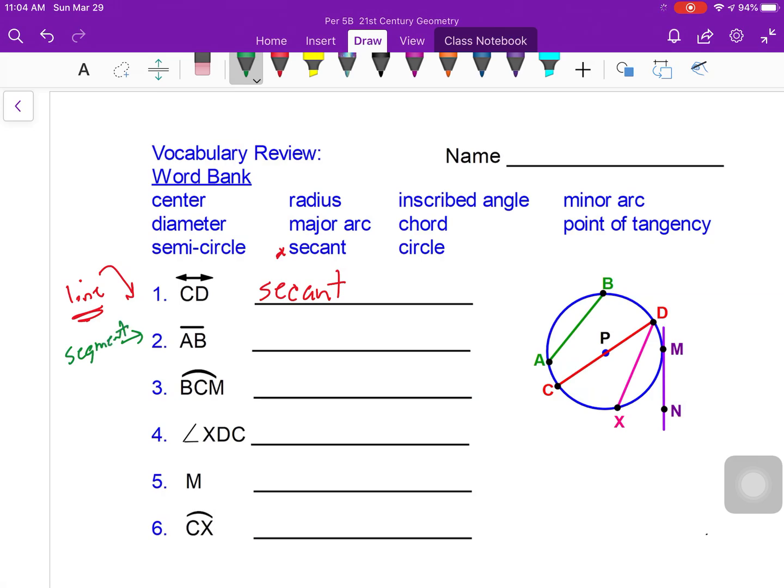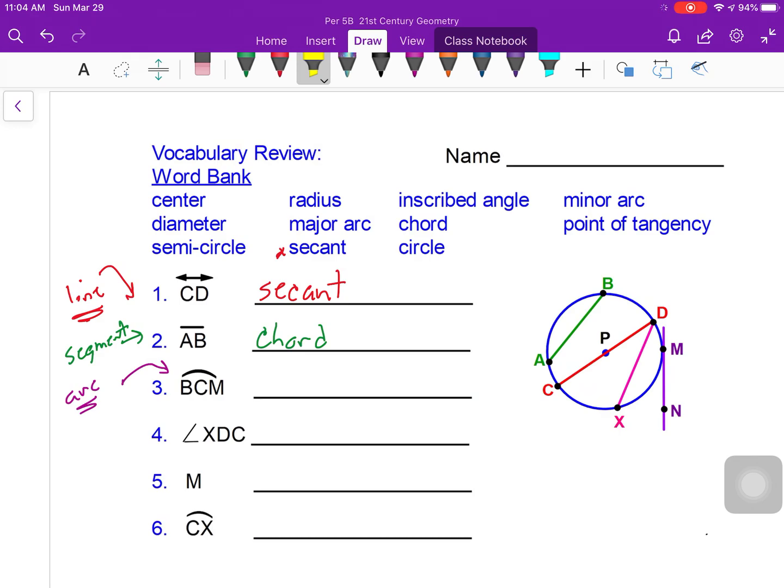The next one is a segment. And both A and B are on the circle itself. So if we're looking for segment AB, that would be a chord. The next one has an arc symbol. That's what that curve on the top means.